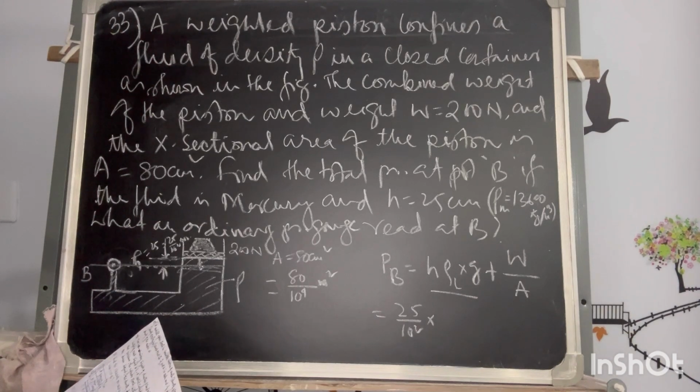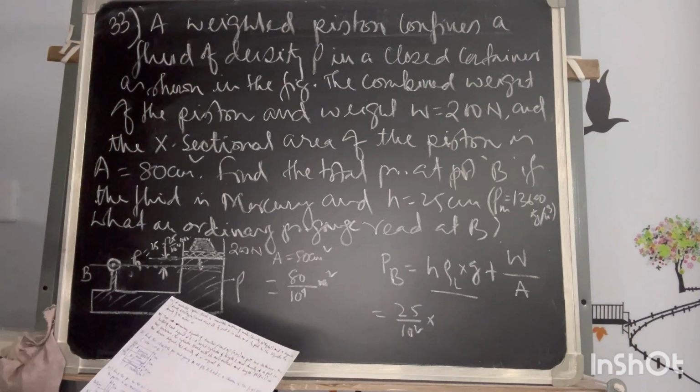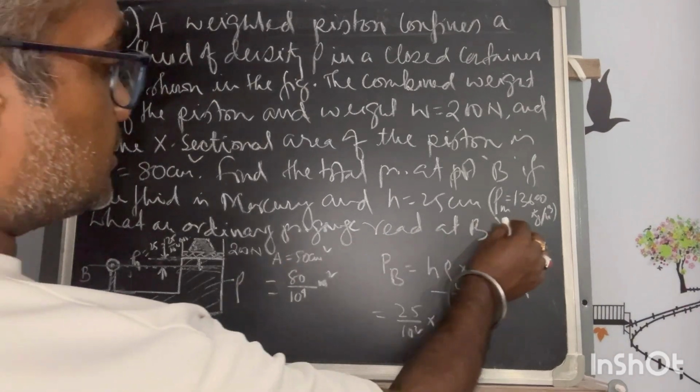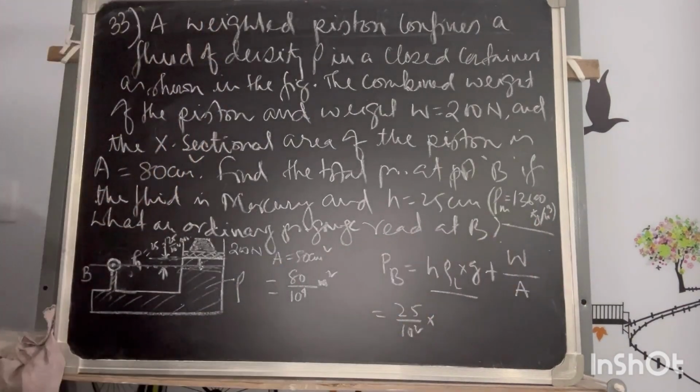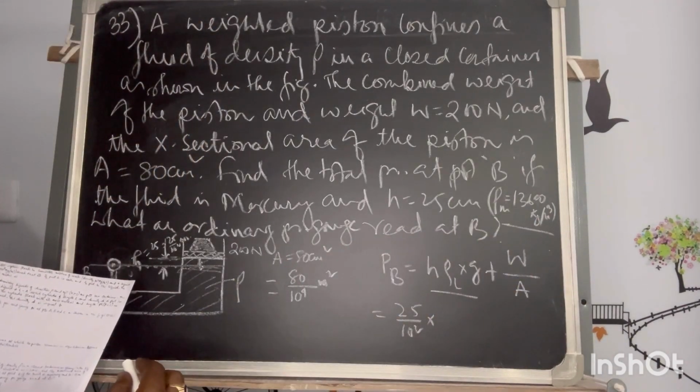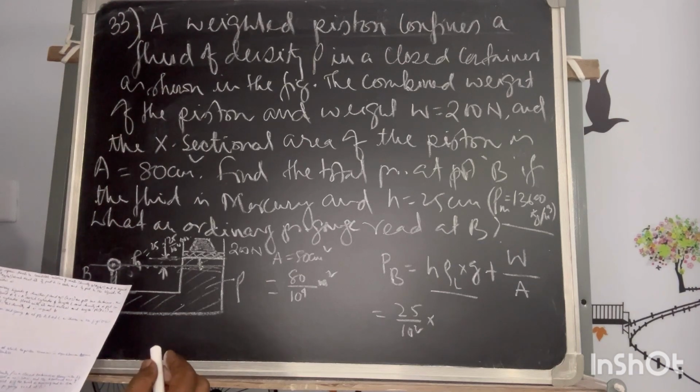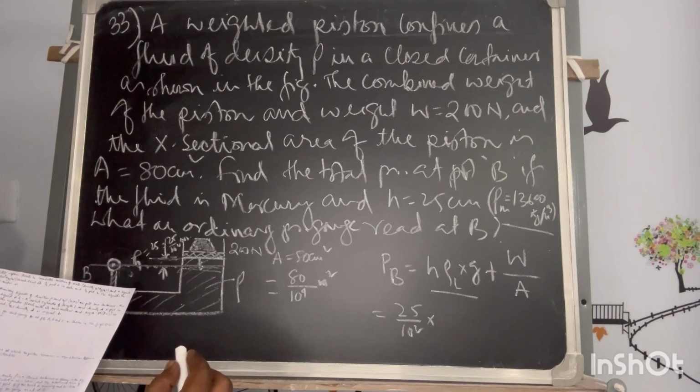The fluid is in a closed container shown in the figure. So if it is given that the density of mercury is given and there is no mention of the weighted piston, the fluid density is rho.